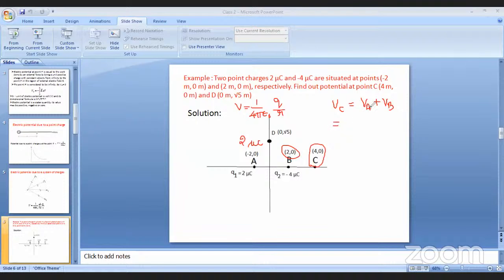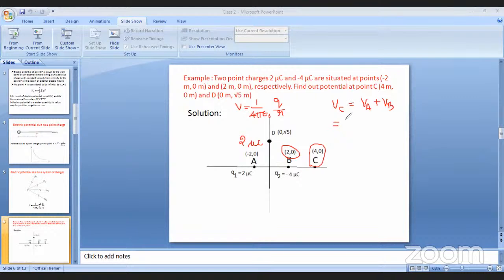Here I need to calculate the electric potential due to the point charge A at the point C. Now, can anyone tell me what is the distance between point A and point C?